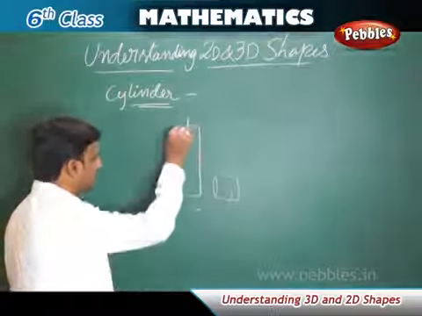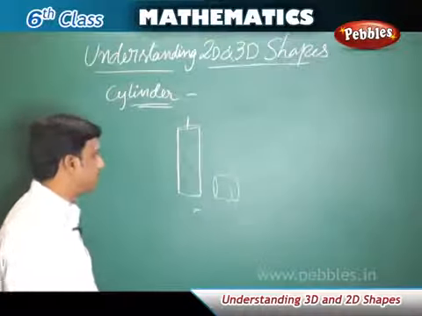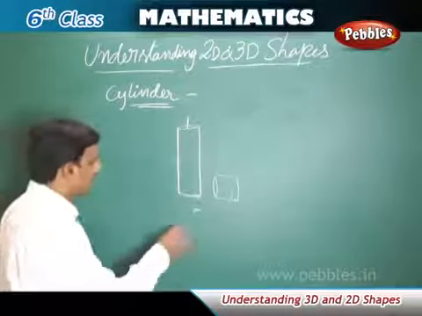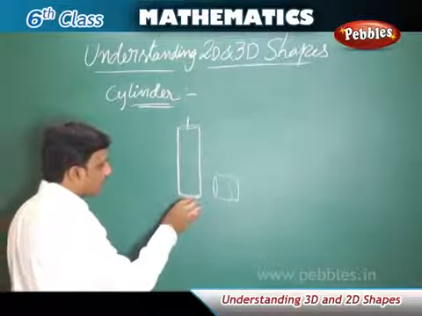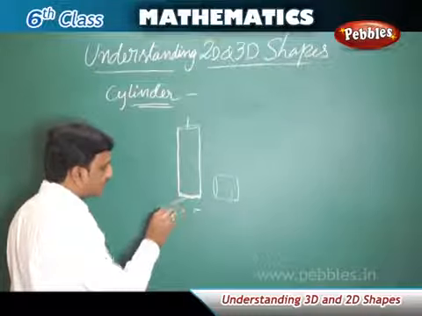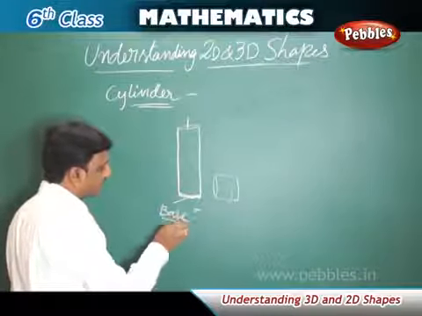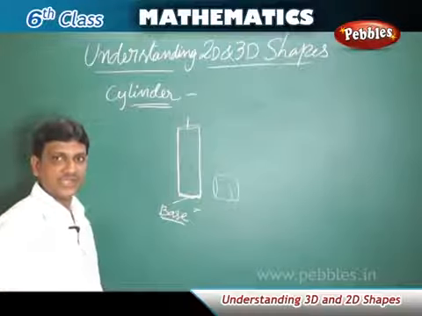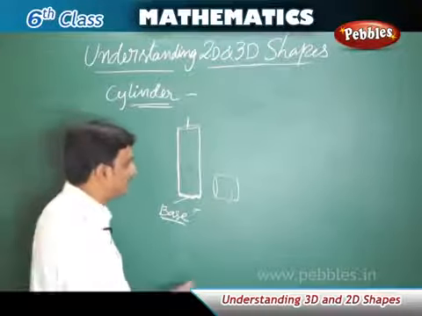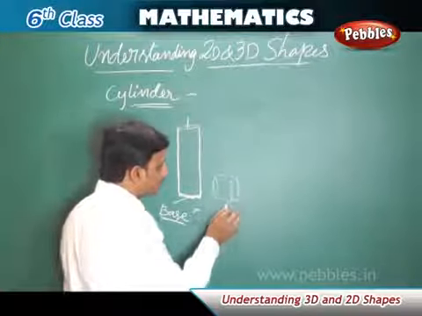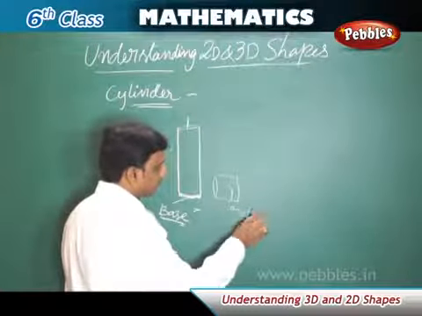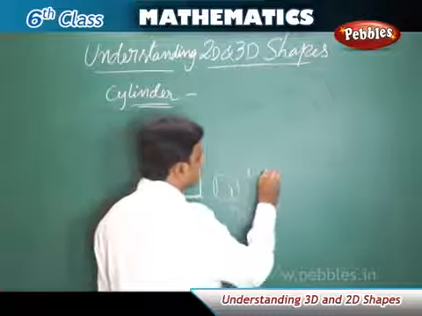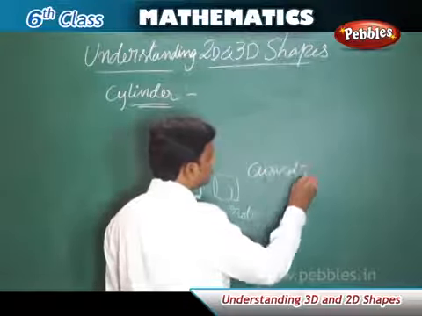If we keep this candle in this vertical position, it stands. The surface of the candle on which it stands is called a base. So the base is the surface of the candle which lets it stand. The surface of the candle on which it rolls is called the curved surface.